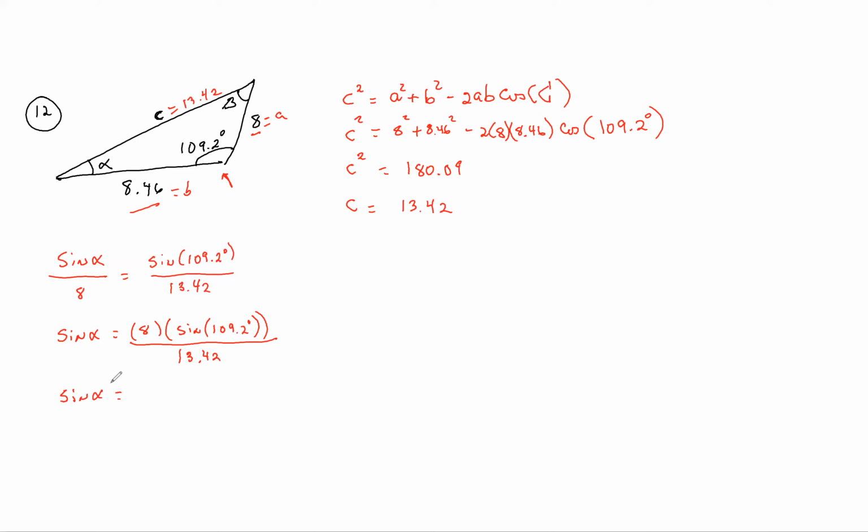Apply the calculator, and my answer will be 0.563. Now alpha will be the inverse of that, which is 34.27 degrees.